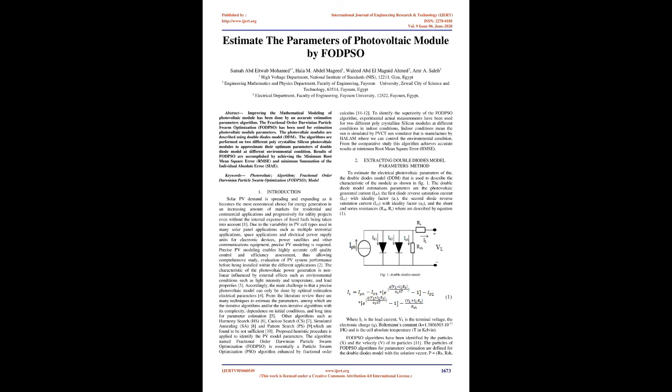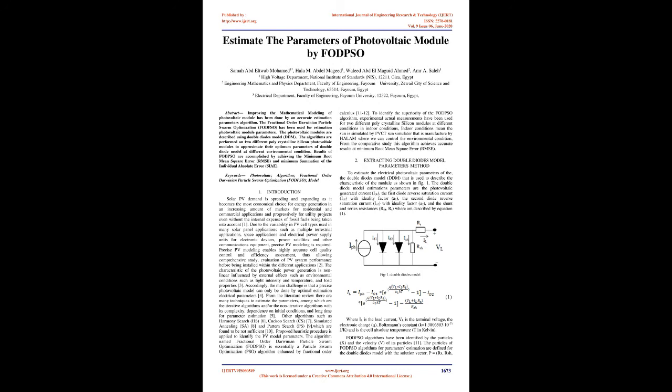1. Introduction. Solar PV demand is spreading and expanding as it becomes the most economical choice for energy generation in an increasing amount of markets for residential and commercial applications, and progressively for utility projects, even without the internal expenses of fossil fuels being taken into account. 1.